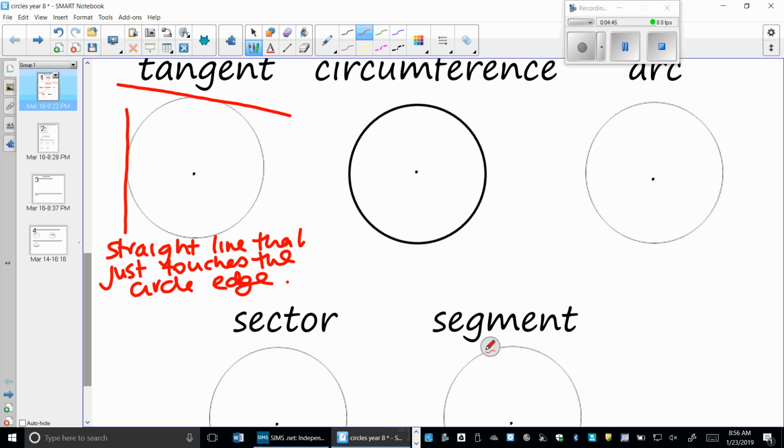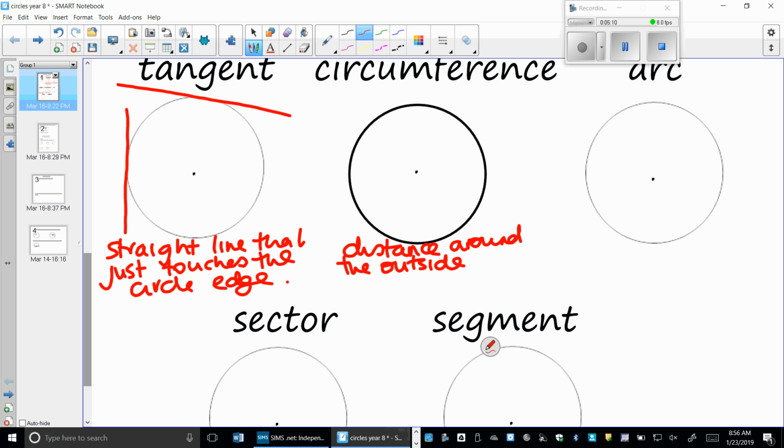The circumference, we talked about that last lesson, didn't we, when we were measuring. What's the circumference? The outside of it. I've actually done that one for you. I put it in bold, so hopefully you can see that. So it's the distance around the outside.